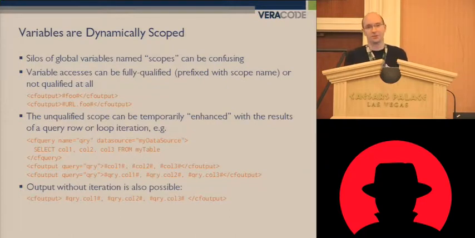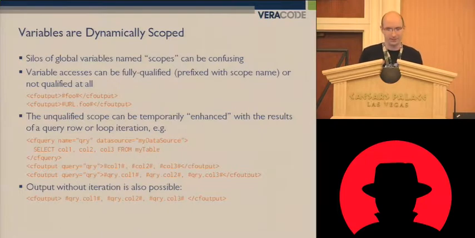In documentation, you'll see them referred to as scopes, and that's slightly confusing if you're in a very explicit, anal retentive programming language design sense, because they're not really scopes, but they are.